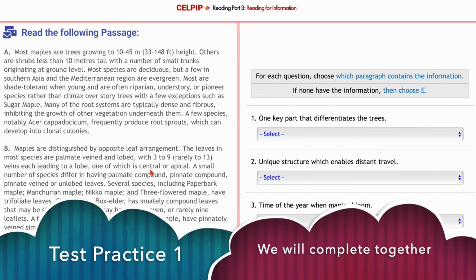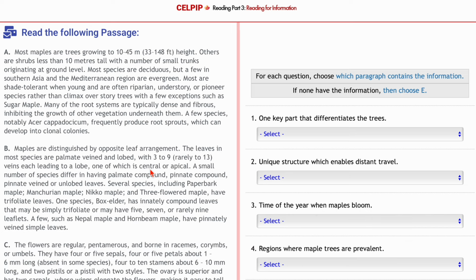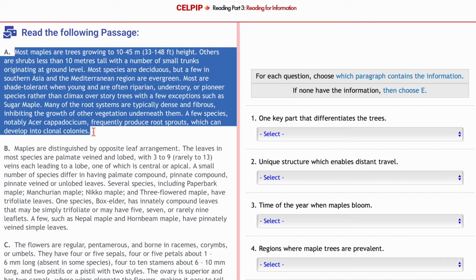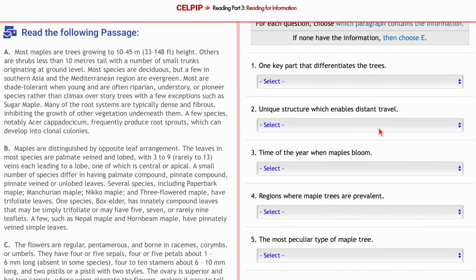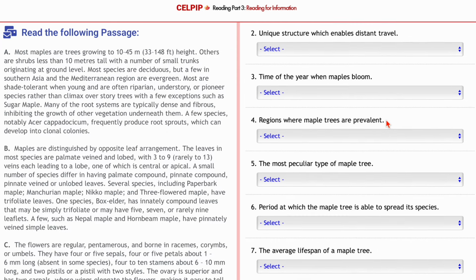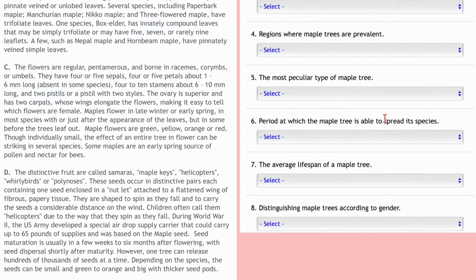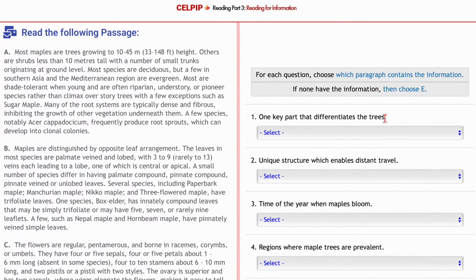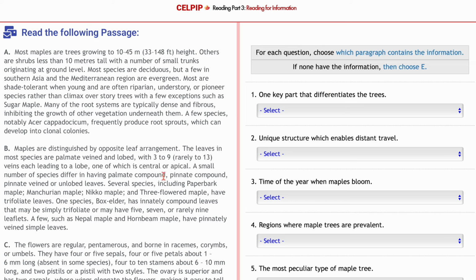I want to remind you that we are going to be doing this analysis together, which means I'm going to be reading the paragraph, then I'm going to be reading the questions, and giving you a chance to select whether that information is in the paragraph or not.